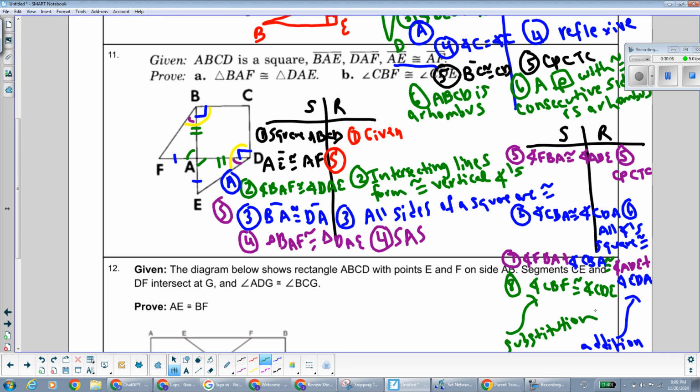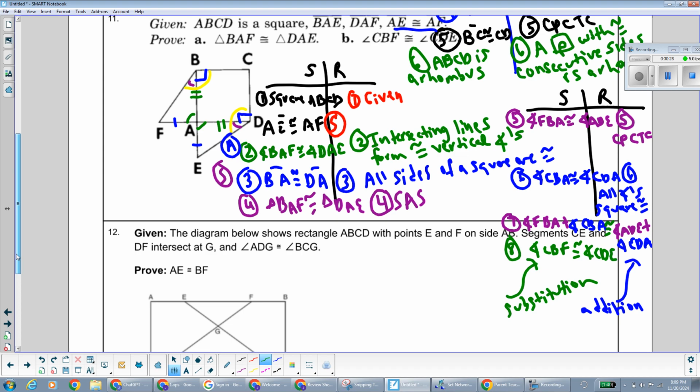Substitution always follows addition or subtraction because we're replacing what we're adding or what we're subtracting with what it actually leaves us over with. This plus this is that. This plus this is the whole angle. This plus this is that. This plus this is the whole angle. We've achieved our goal.